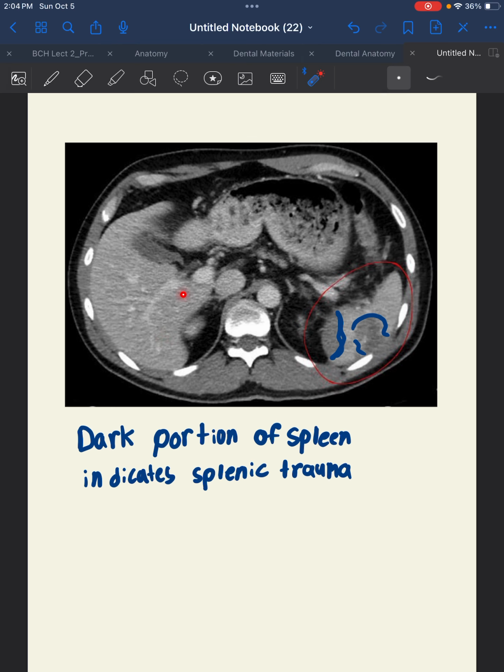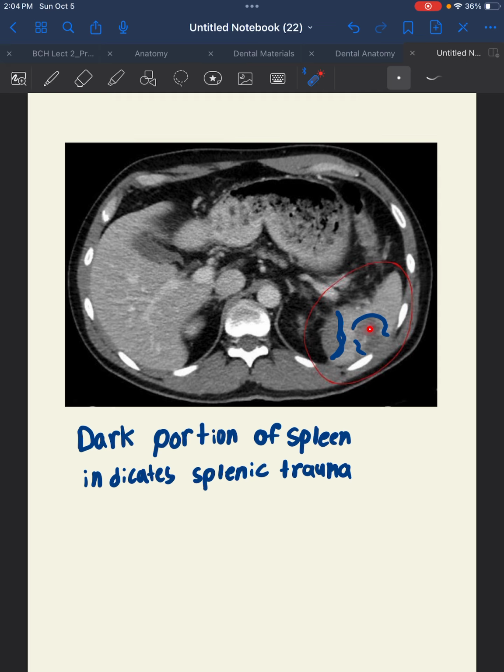It's all that light gray, except for right here, but that's because that's the gallbladder. If you take a look at the spleen, you'll see these darker regions, and that's the spleen that's damaged. So those darker regions I'm highlighting are actual trauma that's occurred to the spleen. And if you see that darker portion leaking out, it's actually ruptured.